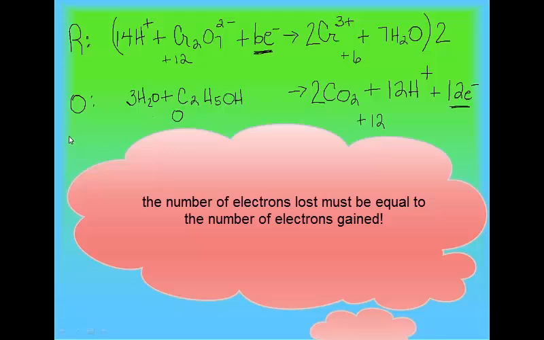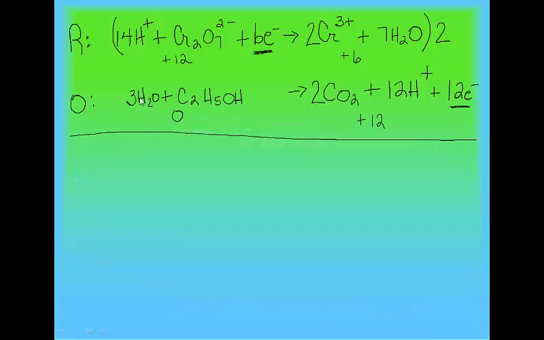So what I'm going to do now is I'm going to do the multiplication, I'm going to clean it up, and I'm going to rewrite it. 2 times 14 is 28 hydrogens. 2 dichromates. I never rewrite this. These are balanced, so I don't rewrite them. It's redundant. I did this multiplication in order to make this a 12.